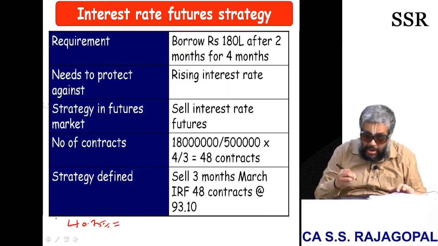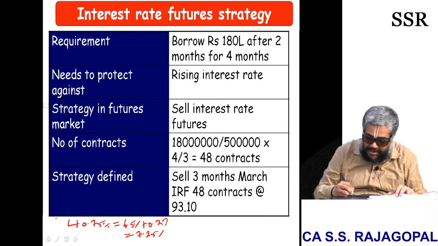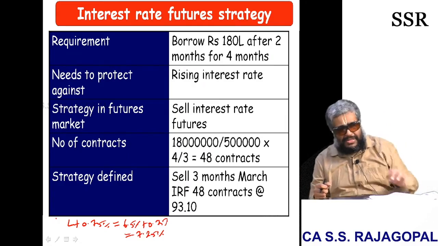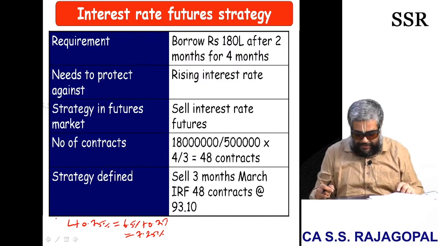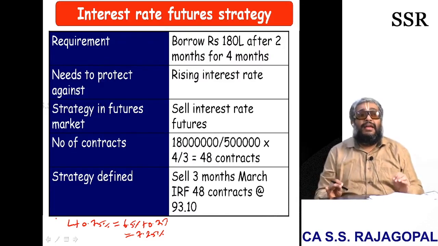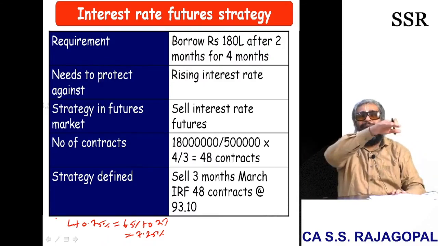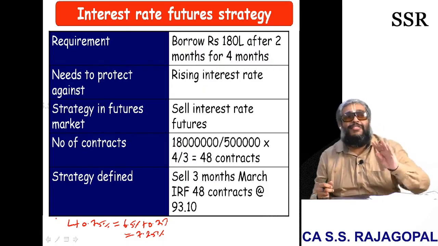That means today I can borrow at 6.5% plus 0.75%, which is 7.25%. If LIBOR is constant, there is no risk; after 2 months also, my borrowing cost will be 7.25%.